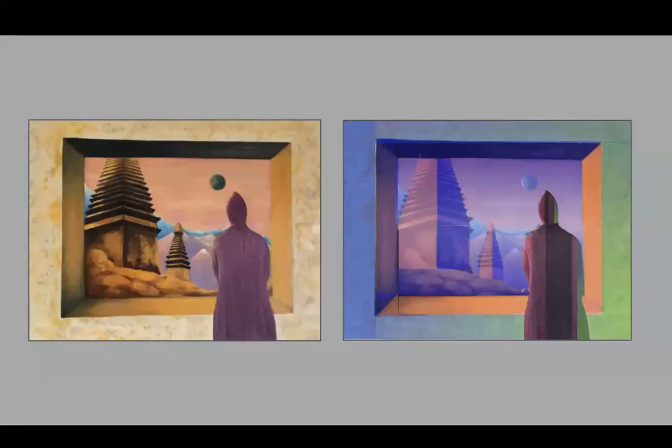But having the dark values in the landscape brings those closer to us when we want them to be further away. And on the right-hand side, you see that the darkest value, if you squint your eyes, is on the figure. And so that's what brings the figure closer to us and puts the landscape into the background.